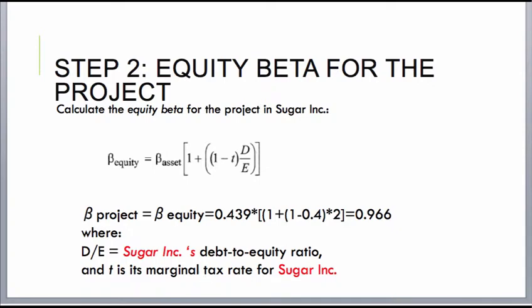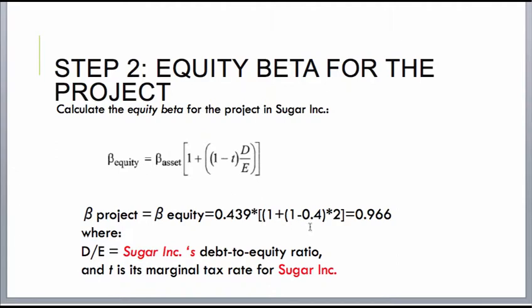The second question asks you to calculate the equity beta for the project in Sugar Inc. This is the formula we learned to calculate the equity beta. The asset beta is the one we just got from step 1. It is the asset beta because it is the comparable company, so we use Mars' asset beta in this formula to calculate Sugar's equity beta.